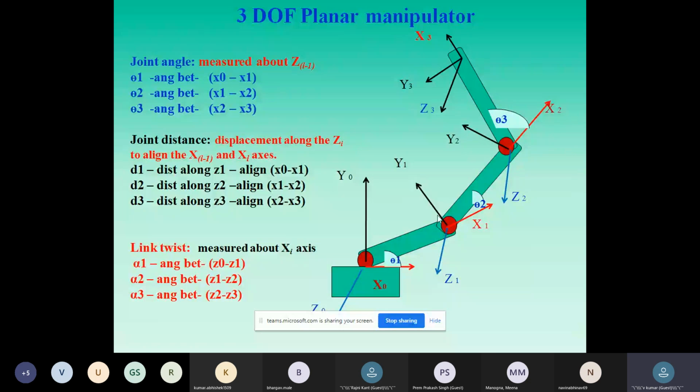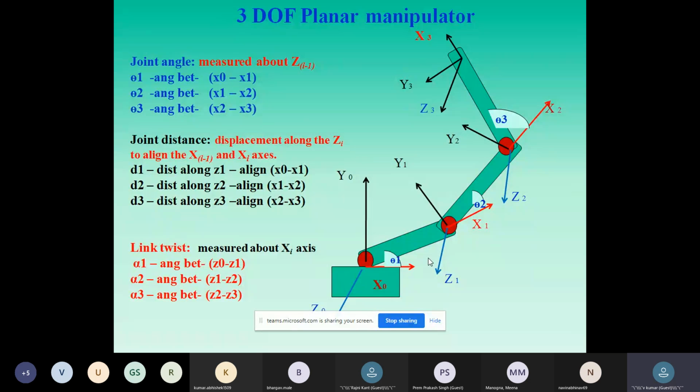So there is no displacement in the z direction. So d1, d2, d3 will be 0 for all, because there is no displacement of x1, x2, x3 in the z direction. All are in the same plane.